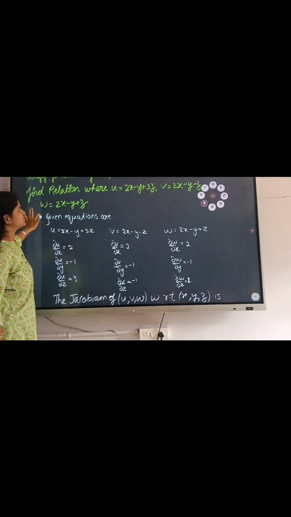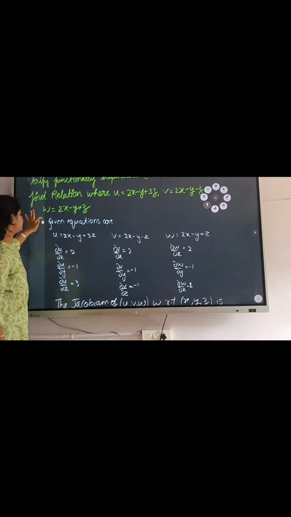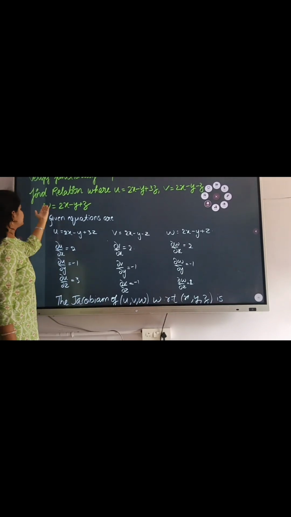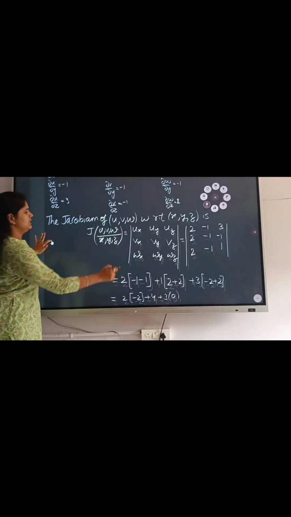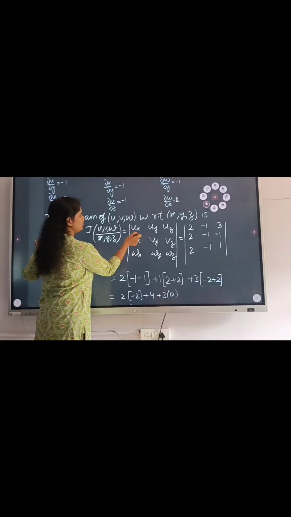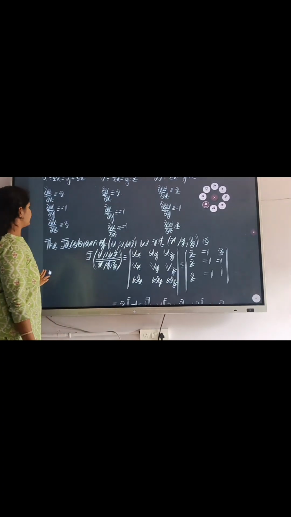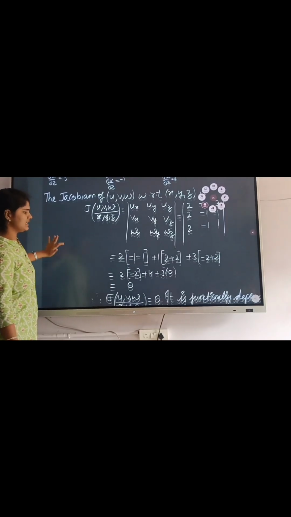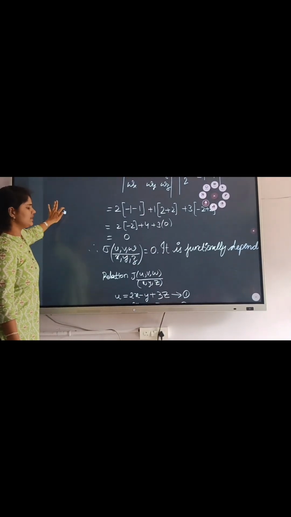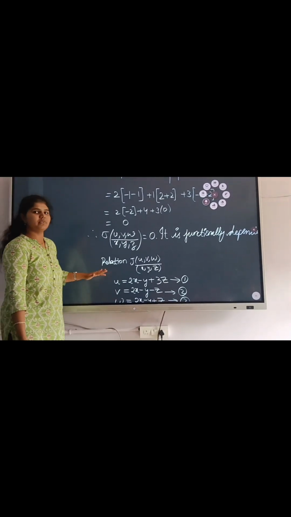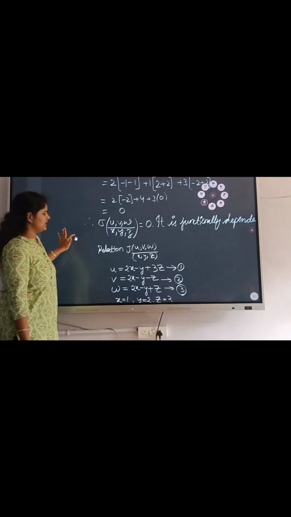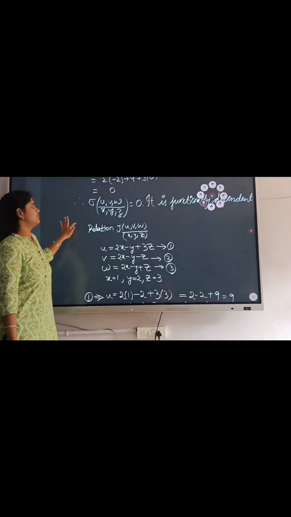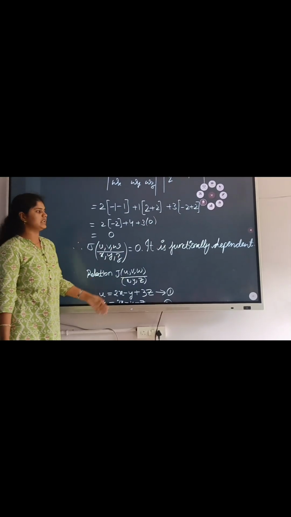We took this question as an example. The given equations are u, v, w, and we took derivatives for this formula. The determinant is 0, so we continued to write the relationship. If it is not equal to 0, then we don't need to write the relationship between them; we just say it is functionally independent.